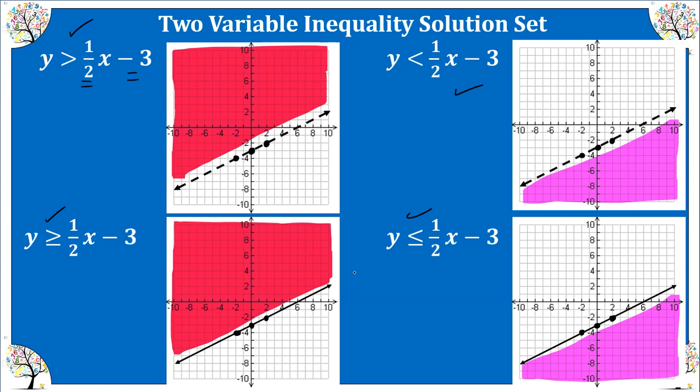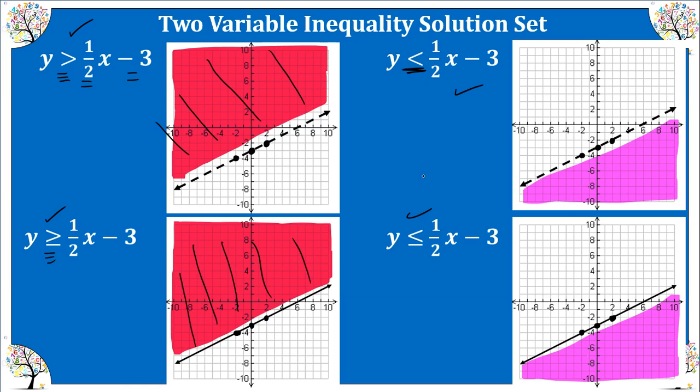Then we're either going to shade in the upper part or the lower part. So when you have greater than or greater than or equal to, when y is greater, my solution y, my outputs, you're going to shade the upper half. In this pink area, you can see we shaded above the line, the upper half.